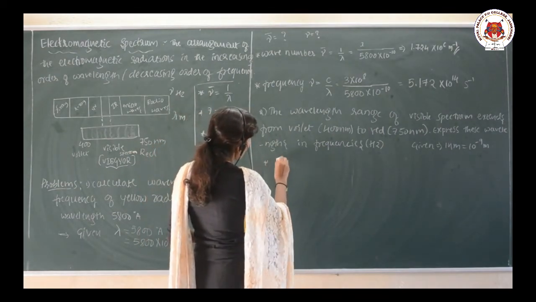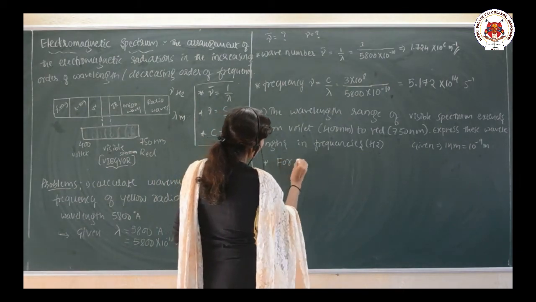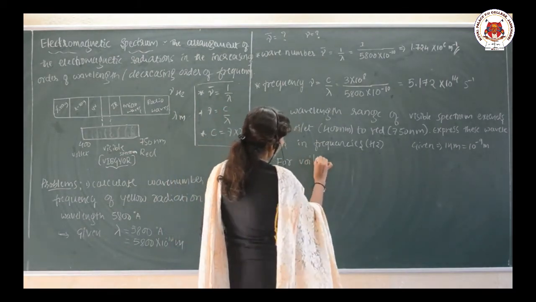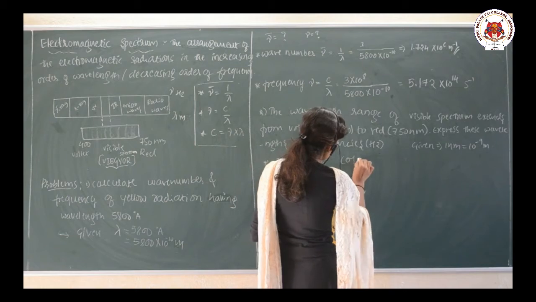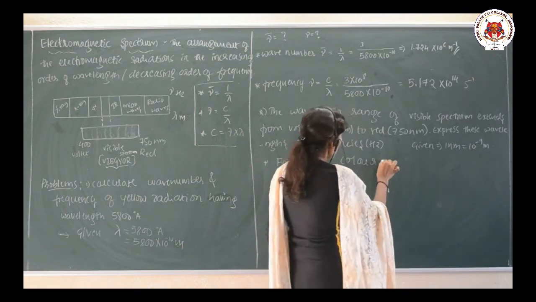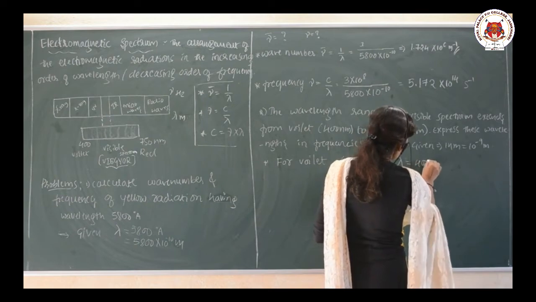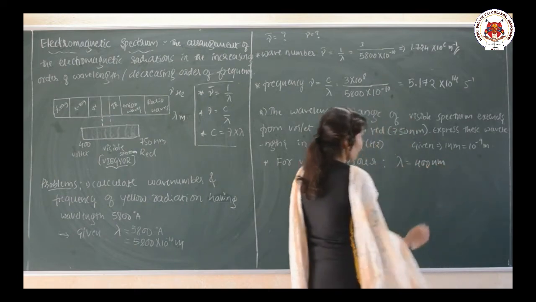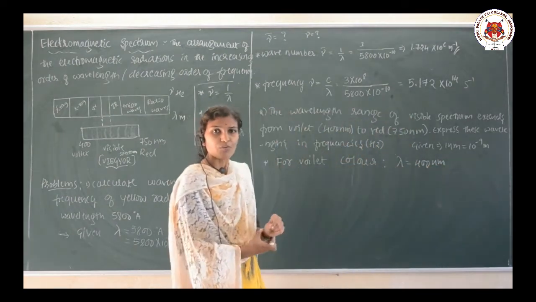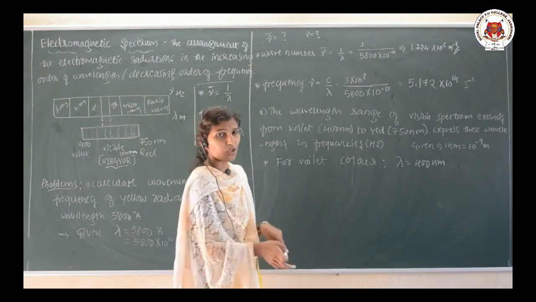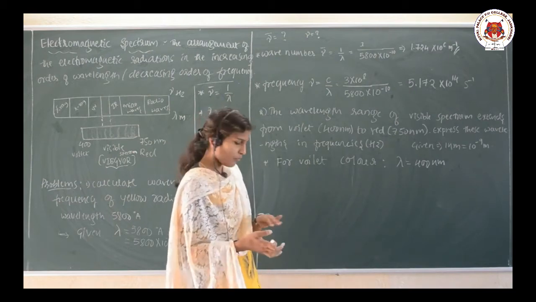First, for violet color. For violet color, what is the value of the wavelength? Lambda is equal to 400 nanometer. Nanometer should be converted in terms of meters.